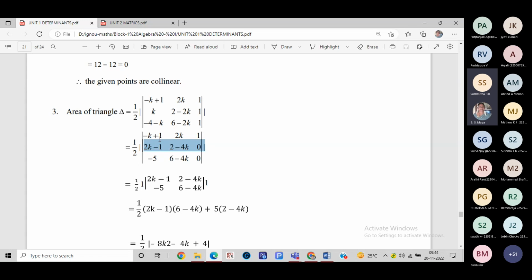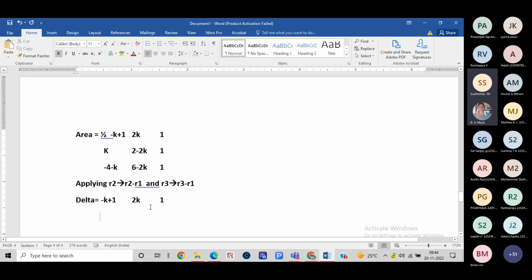Next, 2 minus 2k minus minus 4k, 2k gives 2 minus 4k. Next one, 0. Okay, next step.